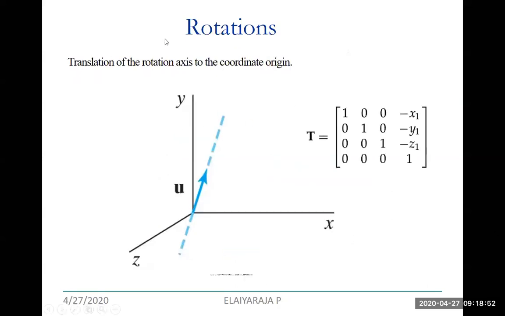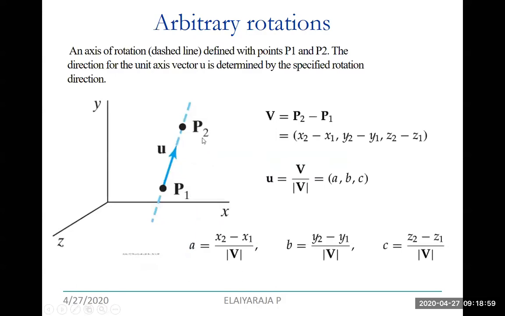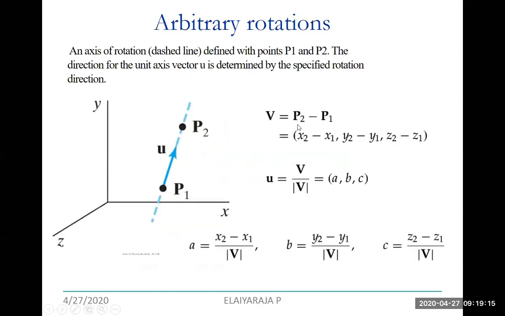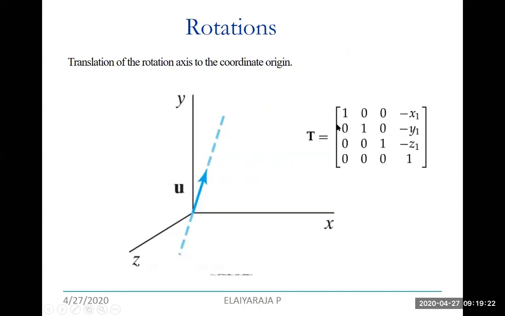Then you translate the rotation axis to the coordinate origin. This is the initial position of the given object, and you perform the translation to the coordinate origin.